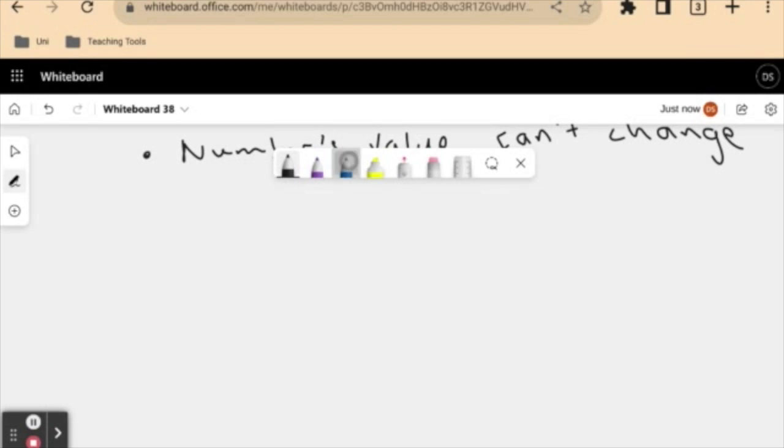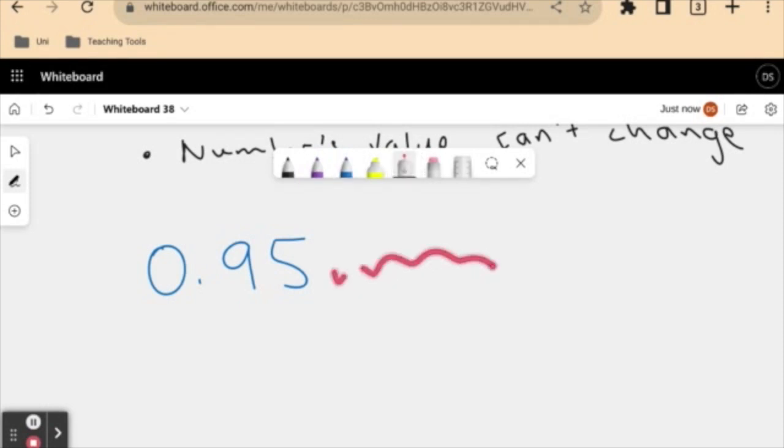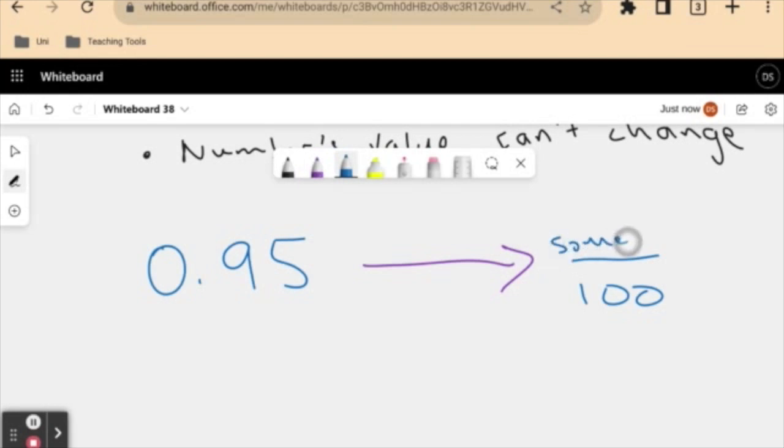So I give you this decimal, 0.95. And we want to do something to it, perform something on it, which is going to produce a percentage, or a fraction over 100. So I'm going to write something over 100.